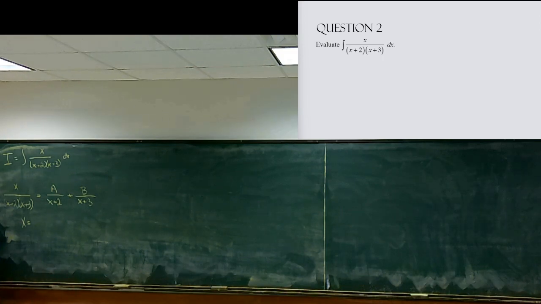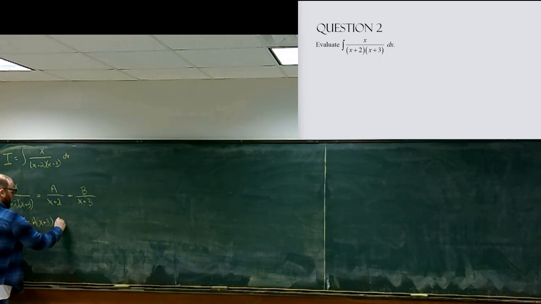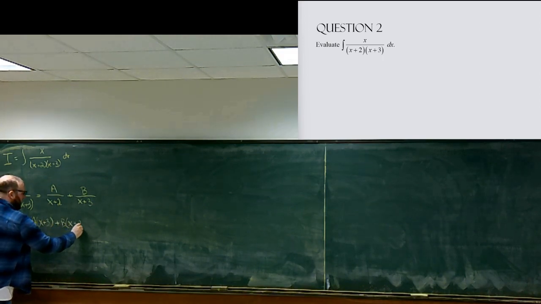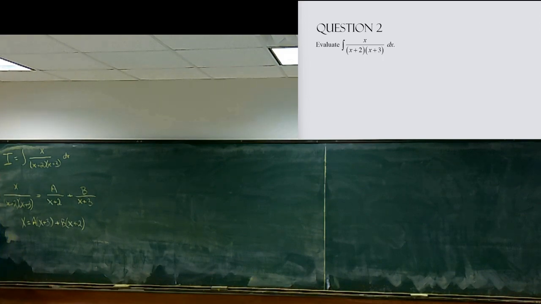Multiplied by the denominator. And this is extremely easy to do with substitution. You plug in x equals -3. That goes to 0. That's -1, right?